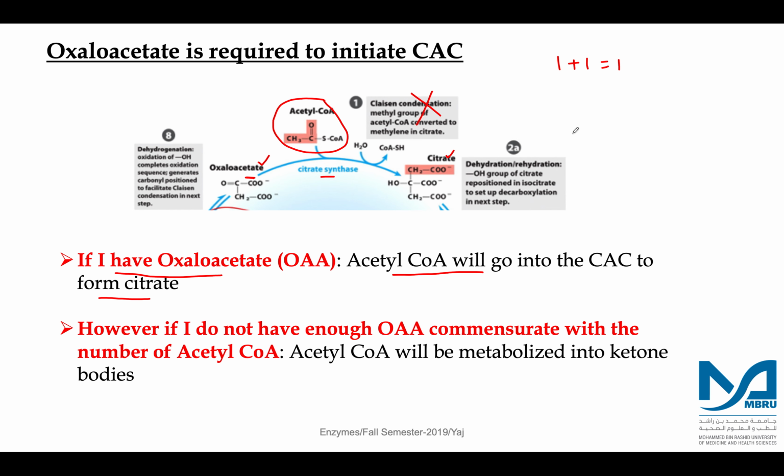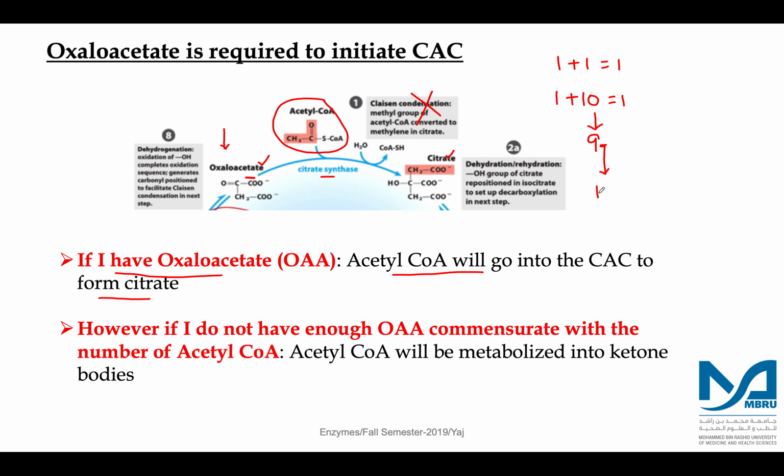But let us take a situation where the levels of oxaloacetate are depleted. So I have one molecule of oxaloacetate, but I have 10 molecules of acetyl coenzyme A. So in this process, I will get one molecule of citrate, but the 9 acetyl coenzyme A molecules will be remaining. And what will happen is that these 9 acetyl coenzyme A molecules will lead to the production of ketone bodies.